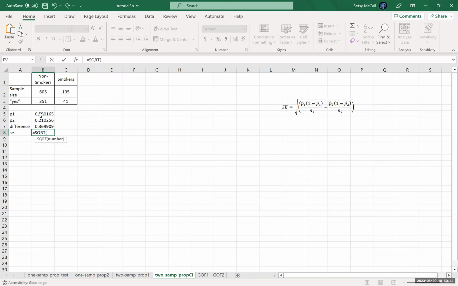So this is going to be proportion 1 times 1 minus proportion 1 divided by the sample size from proportion 1, and then plus proportion 2 times 1 minus proportion 2 divided by the sample size for group 2. And then I double check my parentheses, and then I go ahead and hit enter.